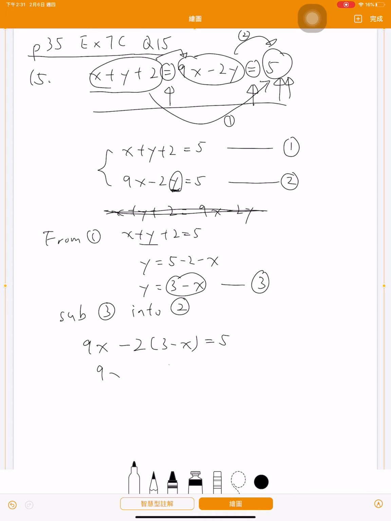Then we remove the brackets. Be careful with the negative: 9x - 6 + 2x = 5, so 11x = 11, and x = 1.